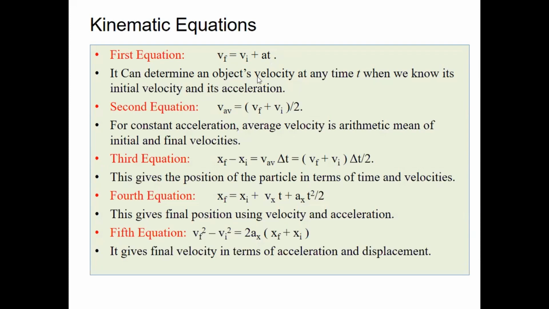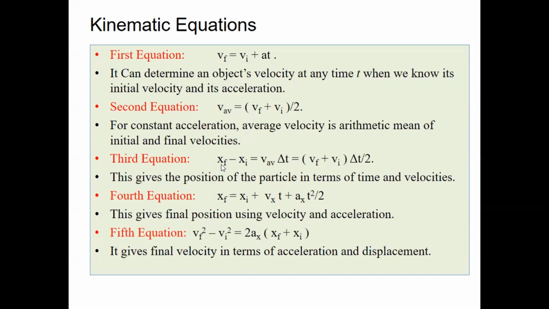You can determine the object's final velocity at any time using the initial velocity, acceleration and time. For the second equation, the average velocity is given by the final velocity plus the initial velocity divided by 2. For constant acceleration, this is just the arithmetic mean of the initial and final velocity.